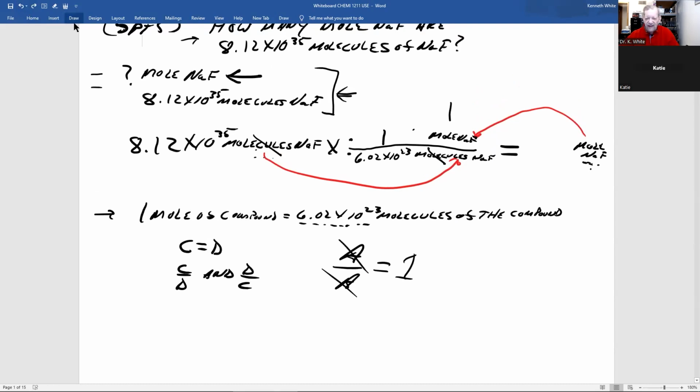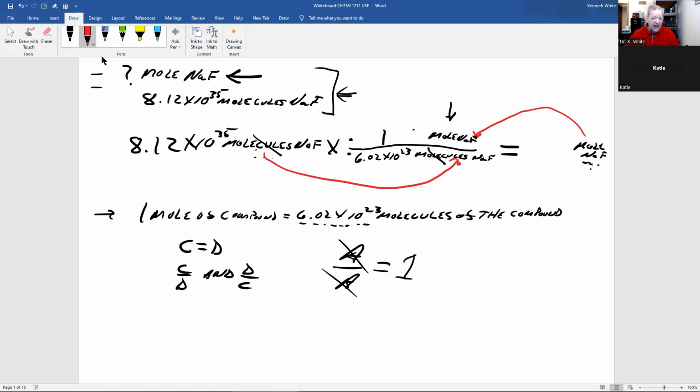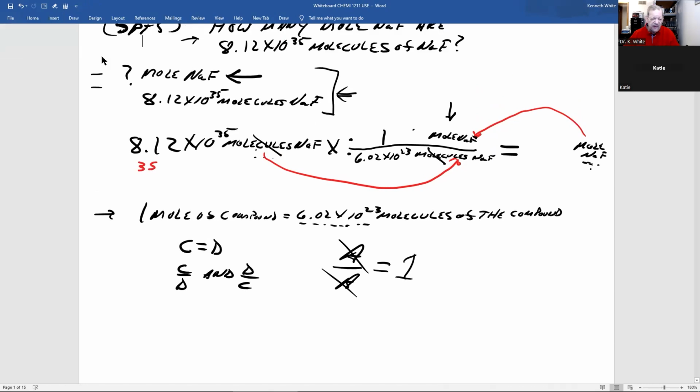Let's try that again. Better arrow. You're left with moles of sodium chloride. Now, before I calculate, or you can do it afterward, notice this number is 3 significant figures. This 1 is part of the definition, exact number. This is a calculated number, and that's 3 significant figures.